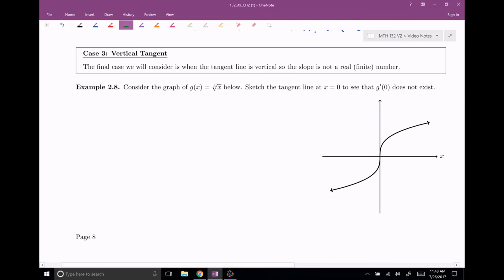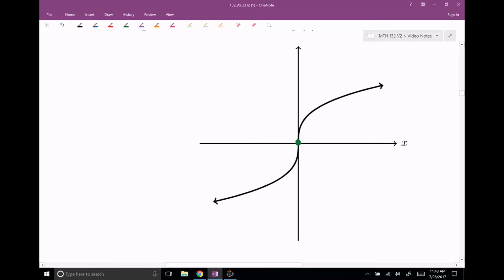If I want to just barely skim the function, notice that it's pretty much straight up and down at that point. So my tangent line is vertical. And what is the slope of this vertical tangent line? Well, it doesn't exist. Vertical lines don't have slope. It's undefined, as we probably recall from our good old algebra days.